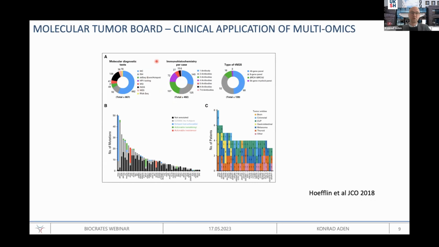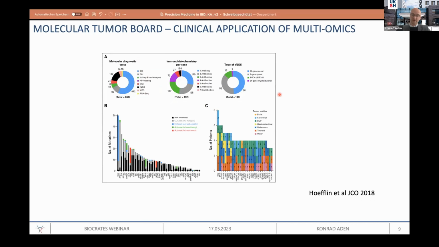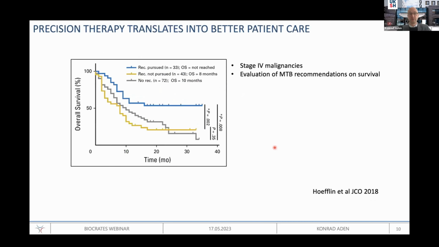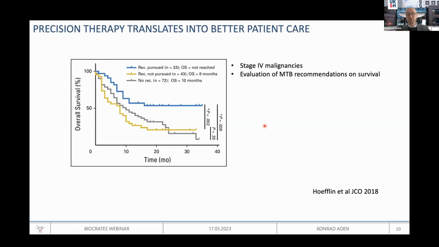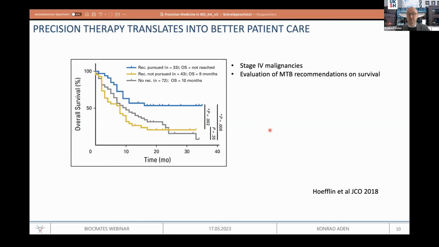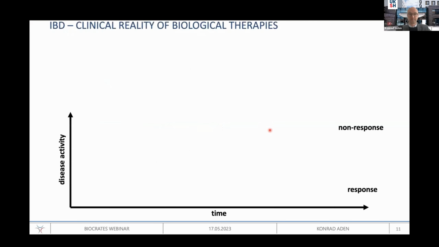More and more molecular tumor boards are being established, and the clinical application of multi-omics analysis into direct precision medicine not only takes place, but this paper also shows that the application of the molecular tumor board and the stringent follow-up of its recommendations lead to increased overall survival. This again highlights that we need this molecular medicine approach also in other complex diseases, such as chronic inflammatory diseases or inflammatory bowel disease, to really improve patient care.